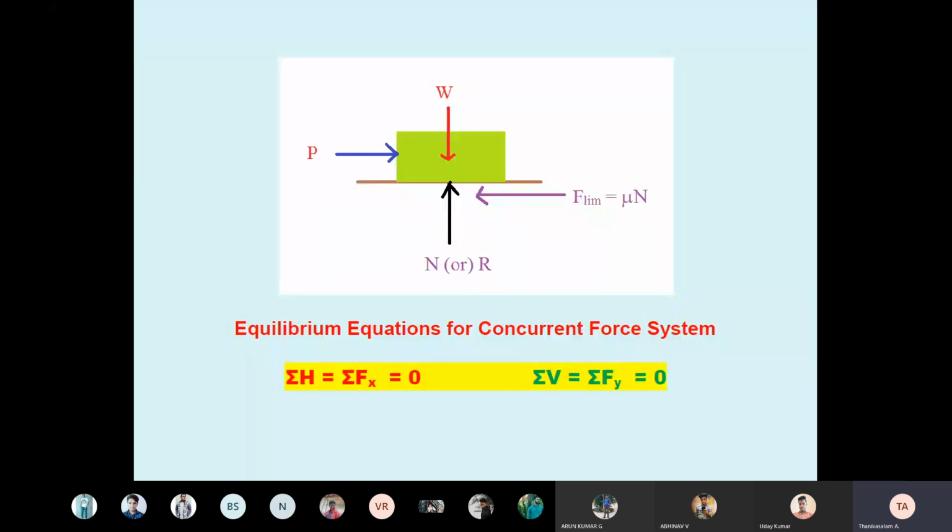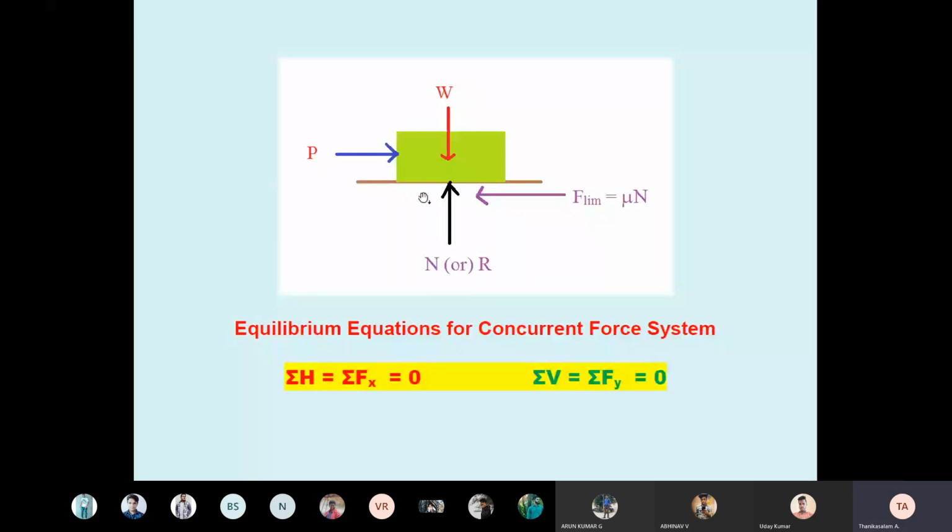Just see here, N is acting upward, W is acting downward. The P is acting through the middle of the body. See, the F is acting at the contact surface, but the net effect of the friction must go to the middle. So definitely all forces meet at a common point. So it is a concurrent force system.